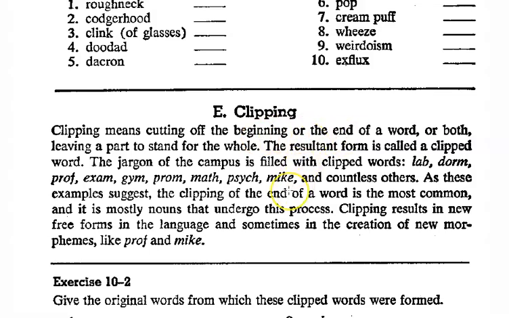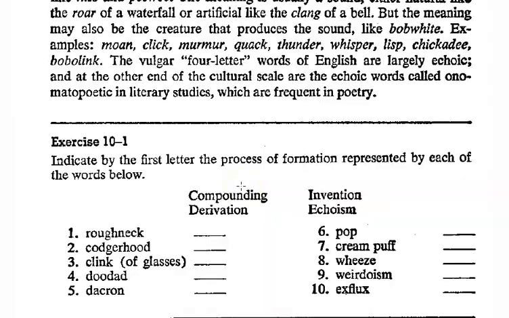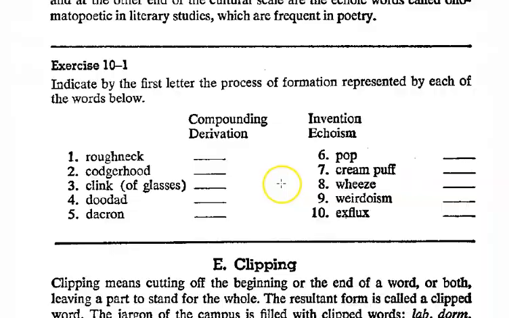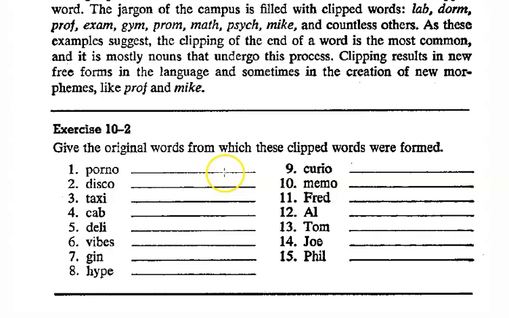Okay. You can read the examples here. It's on page 122. But I'm going to go immediately to the exercise, and I will explain the examples here. Now, frankly speaking, you need a dictionary to know the origin of each of these words.